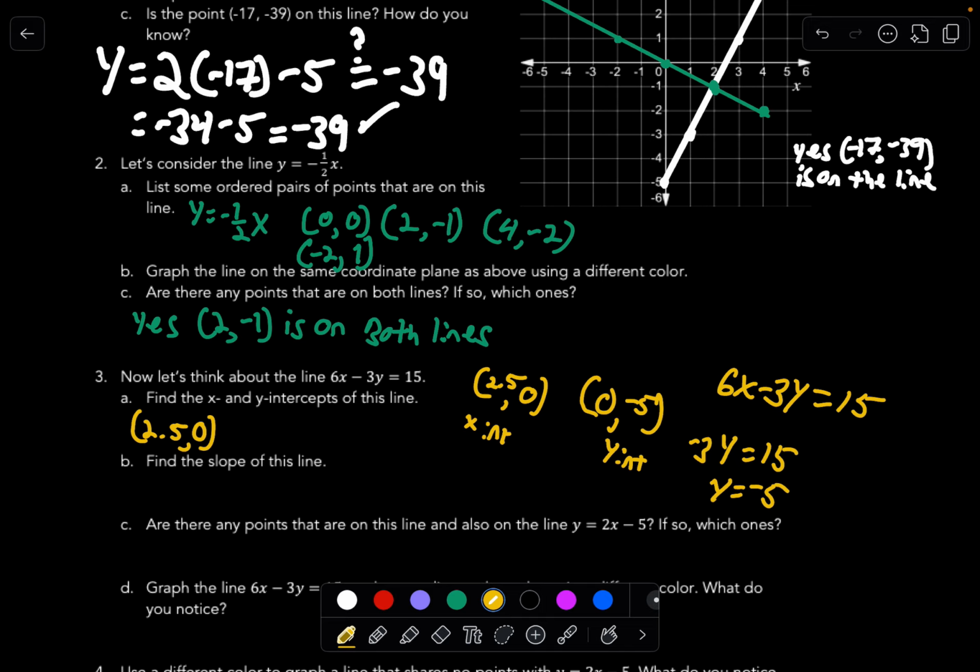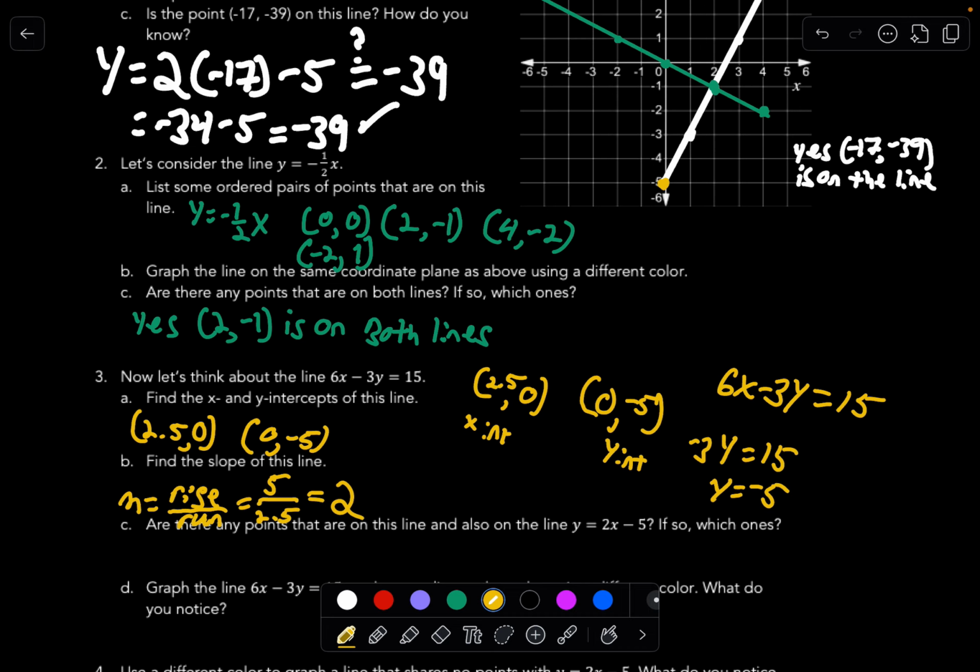It says find the slope of this line. Well, to find the slope, we go rise over run. If you look at this, there's negative 5, 0. We go up 5, the rise is 5, and we go to the right 2.5. And that equals a slope of 2.